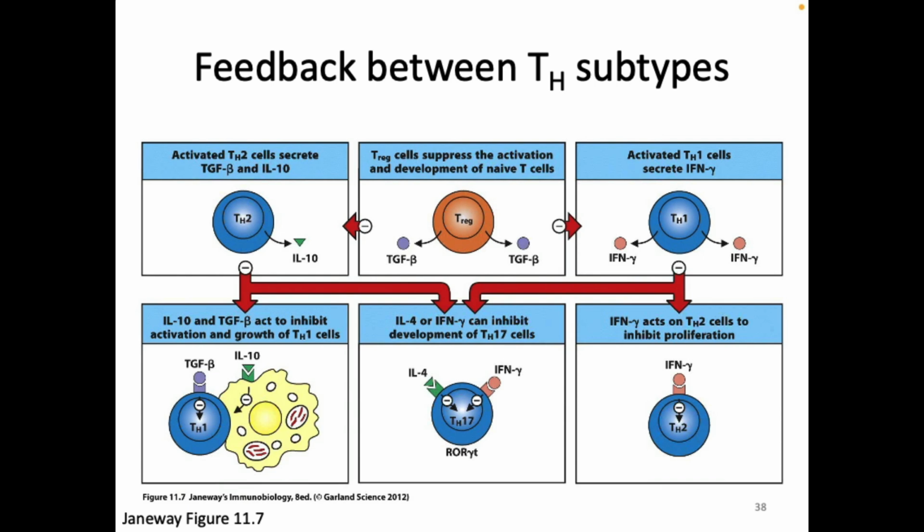And so it's the same kind of idea where once you pick one of these subsets, you're sort of going to drive your whole immune response. We'll say for that day or for that situation. Everybody's going to go in that direction, and we're going to inhibit other directions, maybe in that lymph node or for that short period of time. And so there's a lot of feedback between all of these subsets. We tend to push responses in one direction or another.